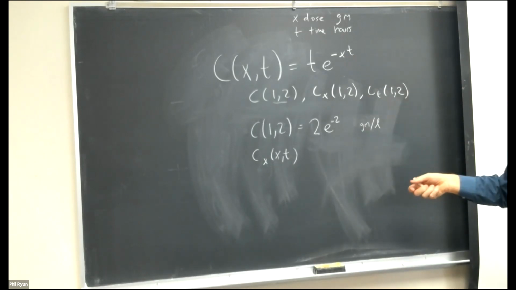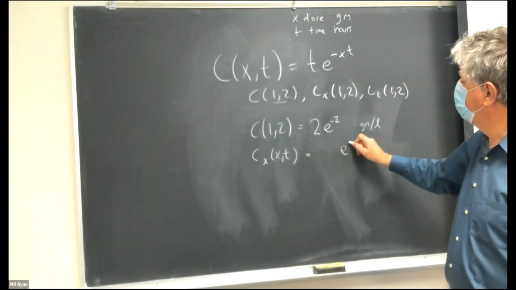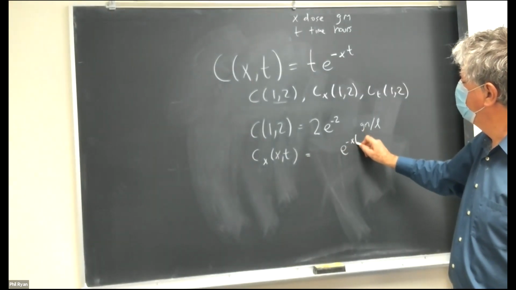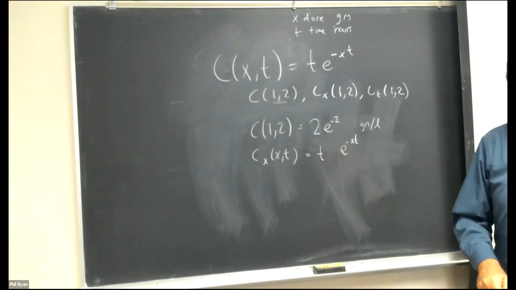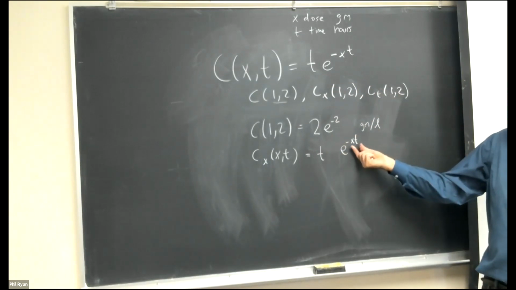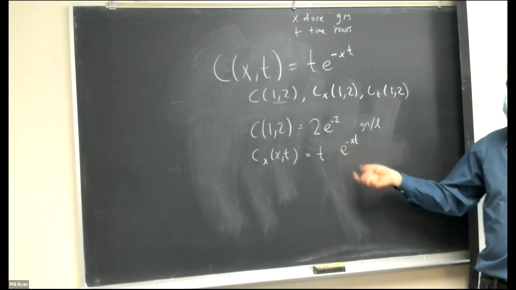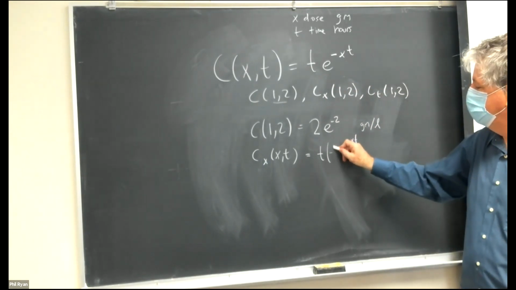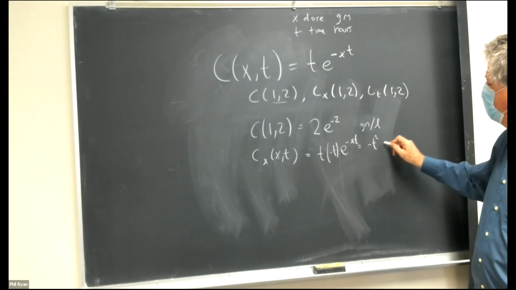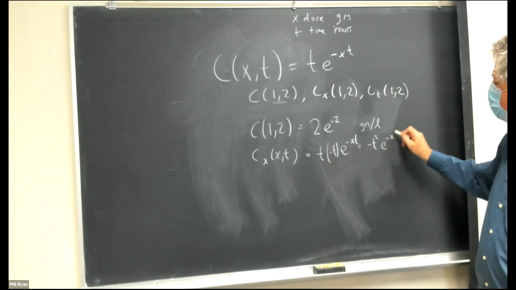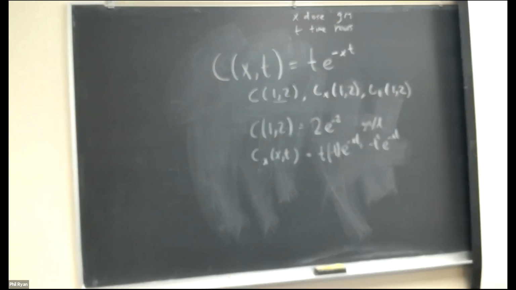We know that the derivative of an exponential function is we write down the exponential function. This t here is a multiplicative constant. And by the chain rule, we just multiply by what comes in front of the x, and that's minus t. That's minus t squared e to the minus xt. That's just following the rules of differentiation.